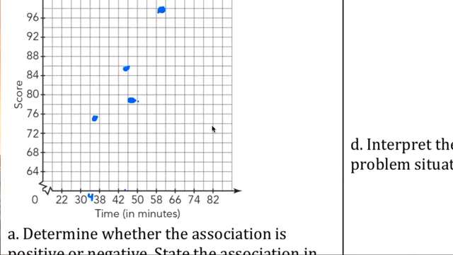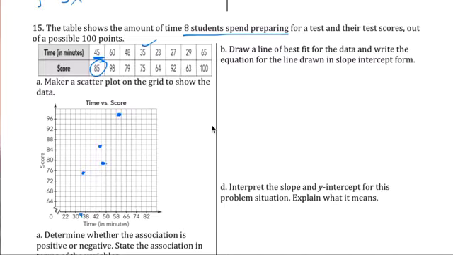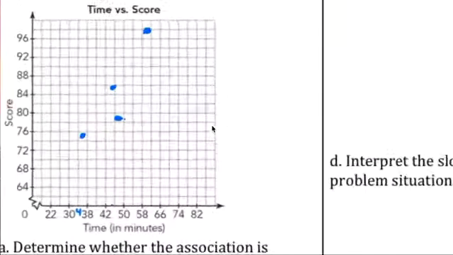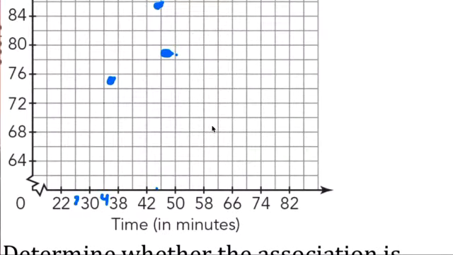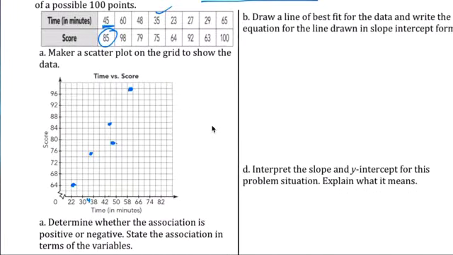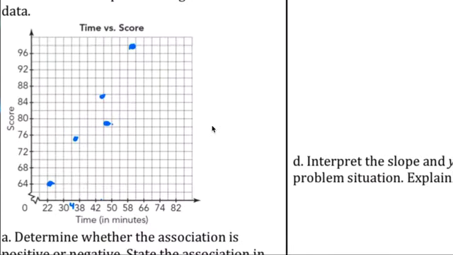Okay. And then 23, 64. And 27, 92, it's an outlier right there.